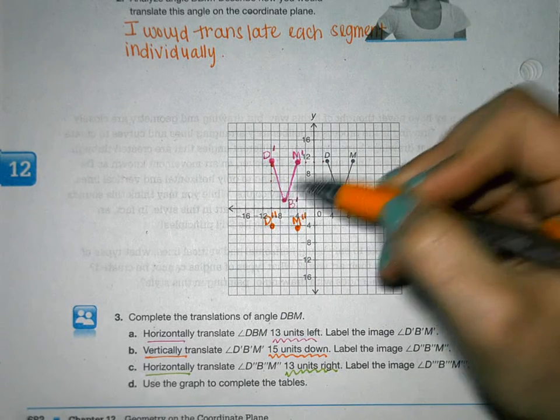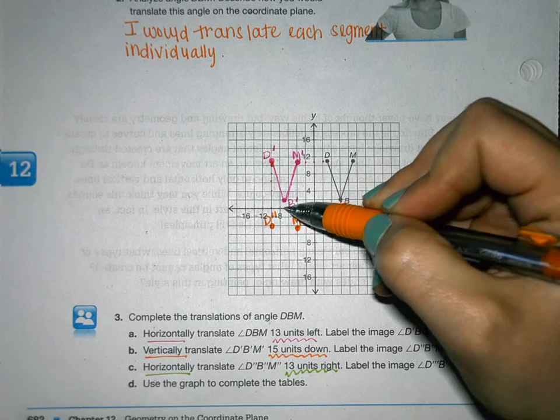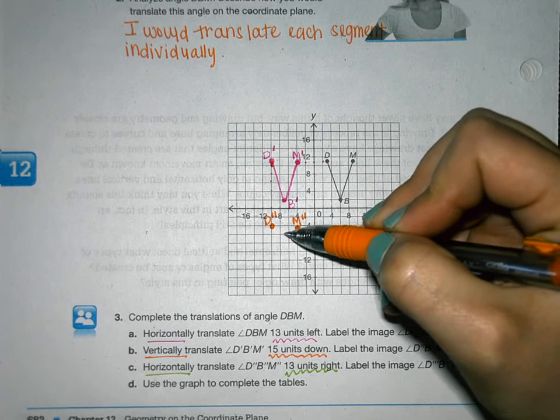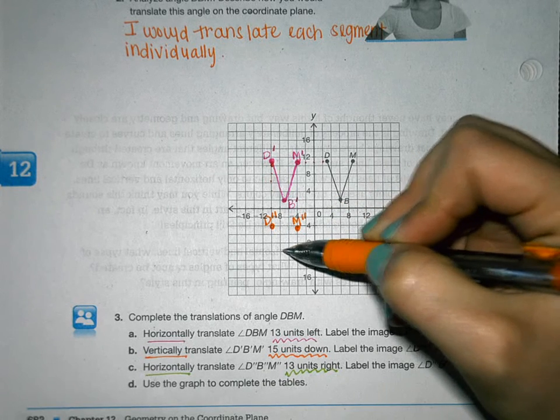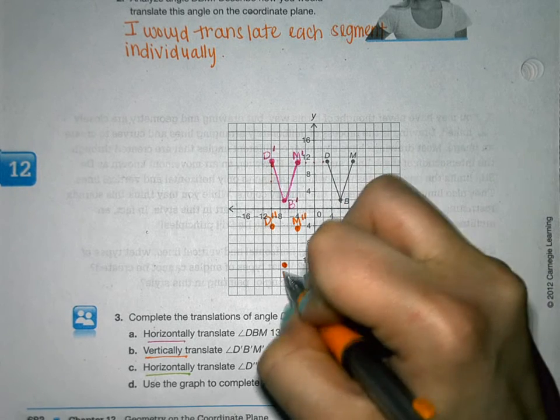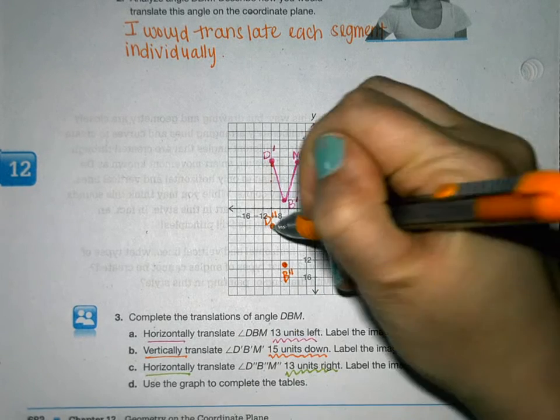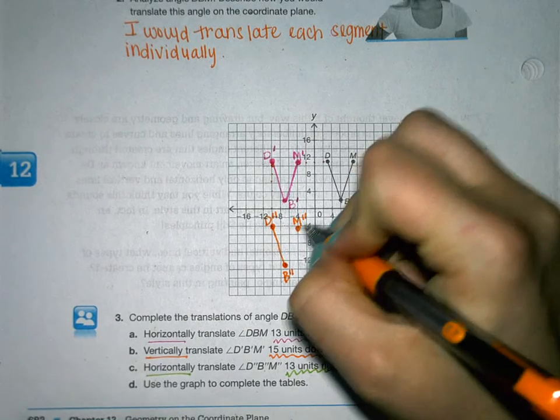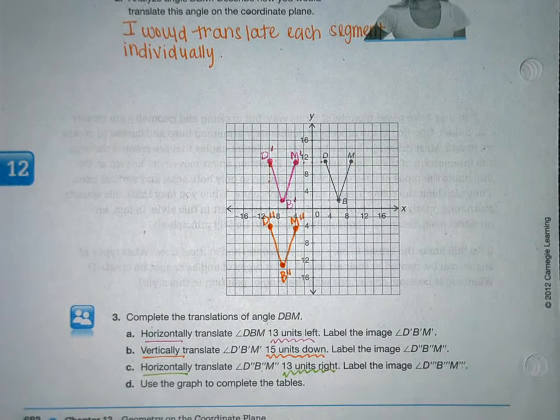And then B prime is going to move down 15, so that's 2, 4, 6, 8, 10, 12, 14, and 1 more makes 15. So B double prime is going to be in the middle of those grid lines. So that's what your angle D double prime, B double prime, M double prime should have looked like.